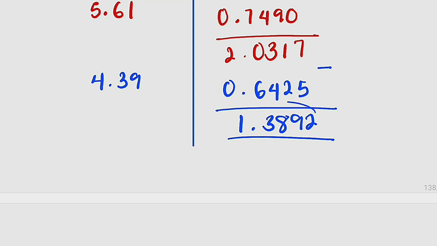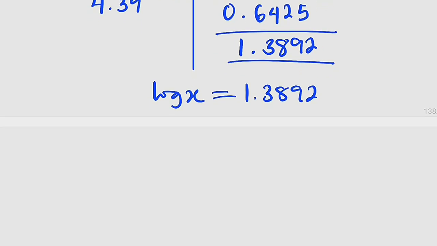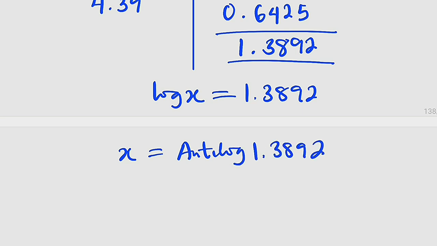You should know that the whole of this is what? Log of x. Log of x is 1.3892. But remember, we are looking for x, not log of x. Therefore, we have to take antilog, right? Therefore, x is equal to antilog of 1.3892, or you can say log inverse, right?